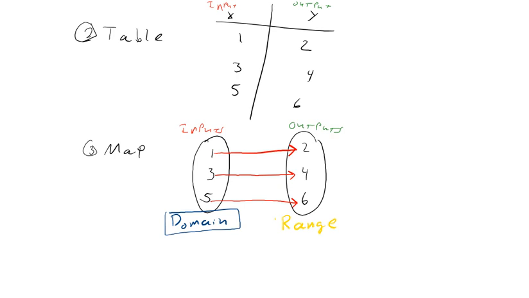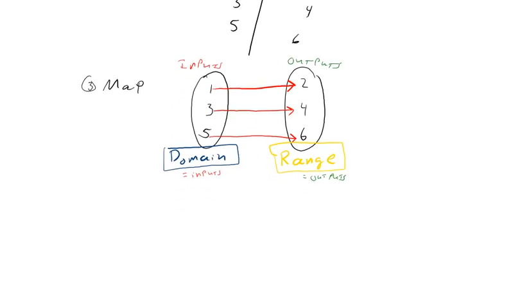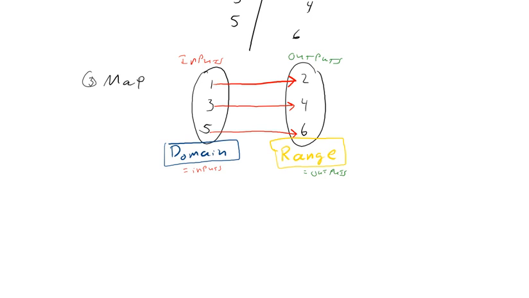And that's what we mean when we talk about functions. Domain is inputs, and range is outputs. We've got to have fancy words. Can't have these normal words in our math.